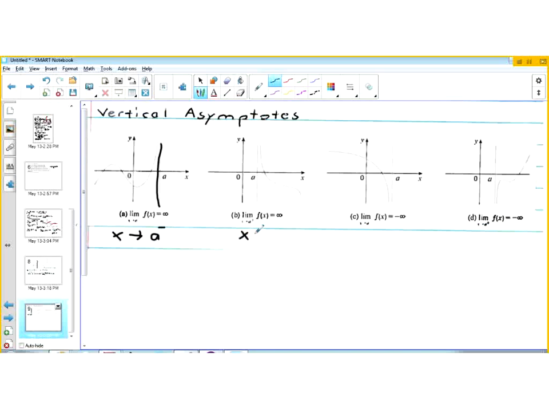Here, x approaches a plus, and the output goes to positive infinity. And here we have x approaches a minus. The output goes to minus infinity. And here as x approaches a plus, the output goes to minus infinity. So one-sided limits can result in infinity or minus infinity outputs as well. And those are all, of course, the definitions of vertical asymptotes.